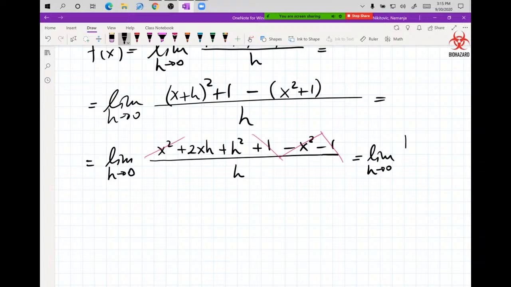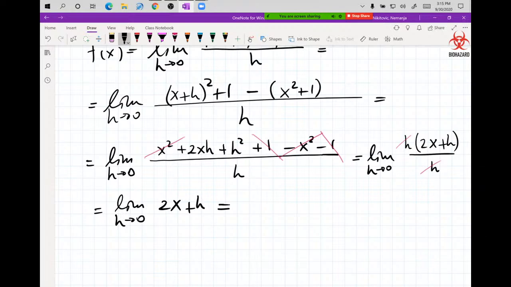You can factor h and get 2x plus h over h. This is where h cancels. And we have the limit as h goes to 0 of 2x plus h. When h goes to 0, the answer is just 2x.